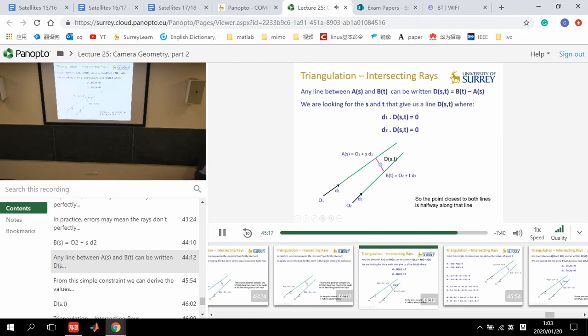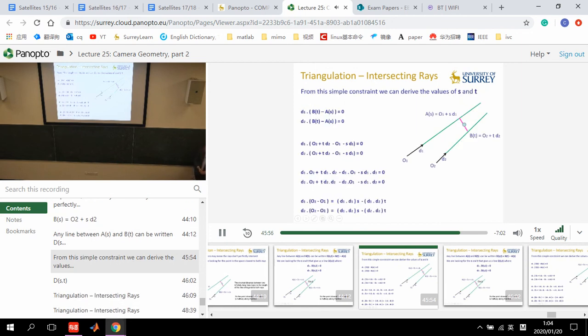So the constraint that we have in solving this system is that the dot product of d1, which remember is just the direction of our ray number 1 in the space, with this line d is going to be 0 because they're orthogonal. And similarly, the dot product of d2 with the direction of that line is also going to be 0. So what we're looking for then are the values s and t, the two unknowns that satisfy those two equations. Does that make sense?